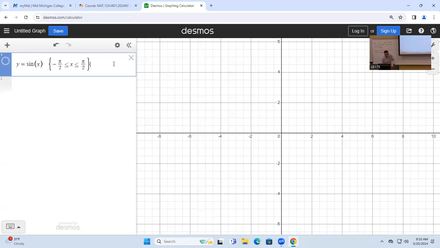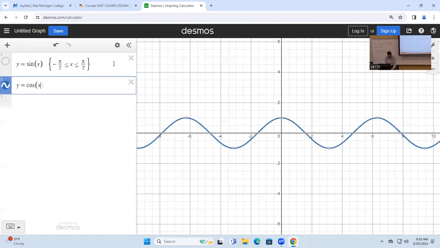Now, if we have y equals cosine of x, if I try to go from negative pi over 2 to positive pi over 2, it's not going to work, right? I'm going to fail the horizontal line test. I need my cosine to be 1 to 1. So instead of going from negative pi over 2 to pi over 2, I'm going to go from 0 to pi.